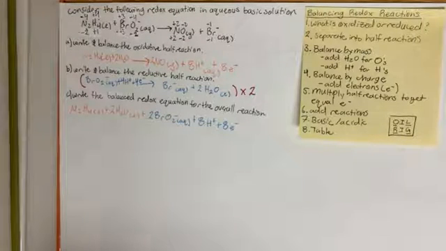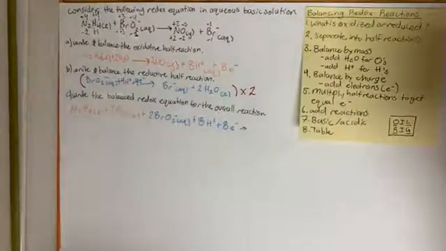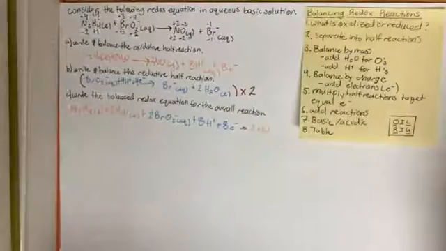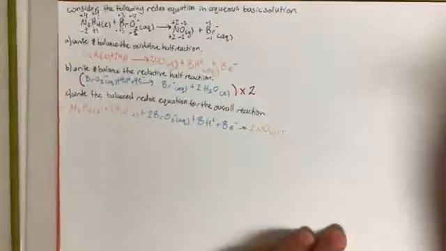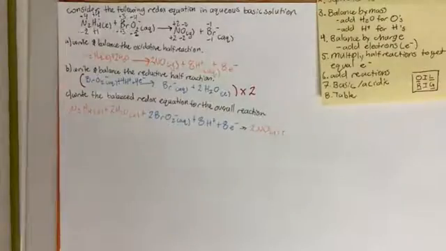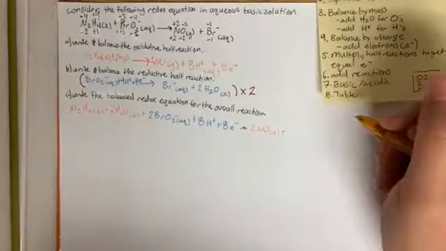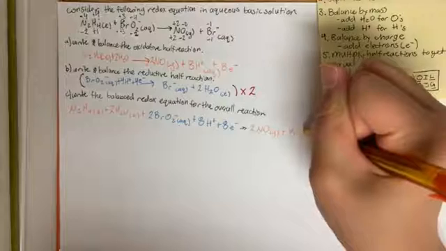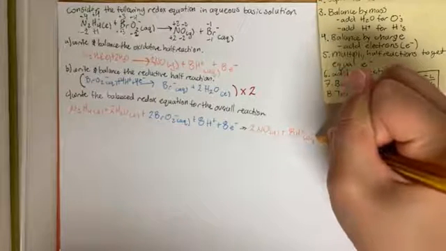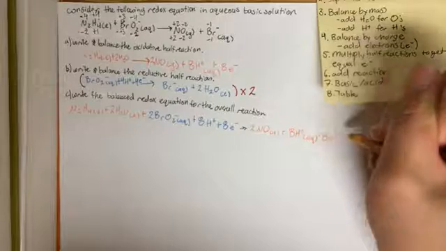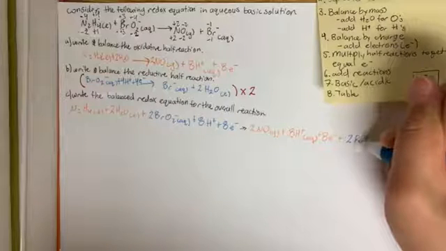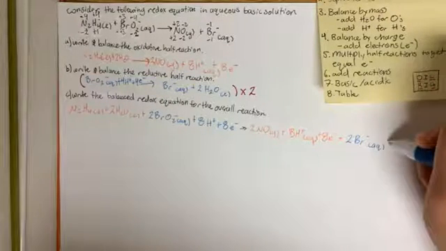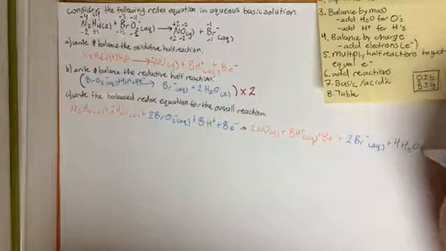And then we will write the products. We have 2NO plus 8 H plus and 8 electrons plus 2 Br minus aqueous and 4 H2O liquid.